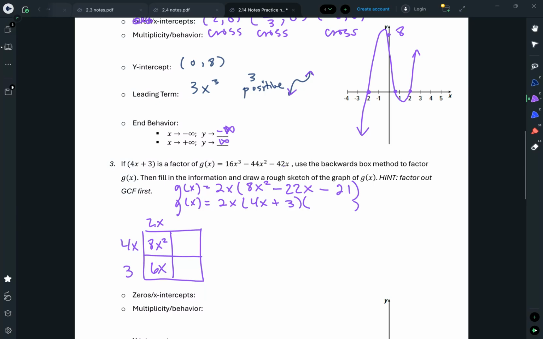I know this has to be a negative 21. And I know my diagonal has to be the negative 22x. So that would be 6x minus 28x. Right, 6 minus 28 would be a negative 22. And then this would be a minus 7. So it factors to 2x times x plus 3 times 2x minus 7.